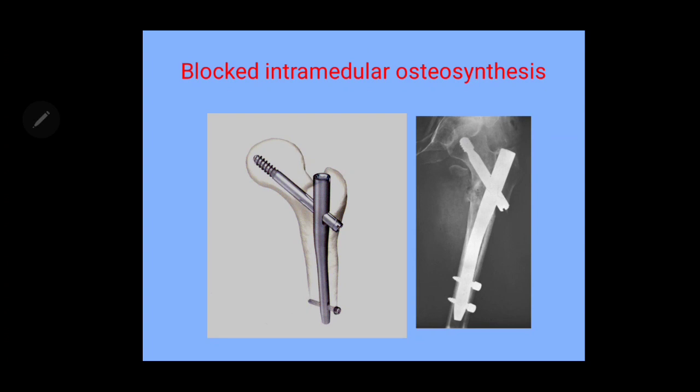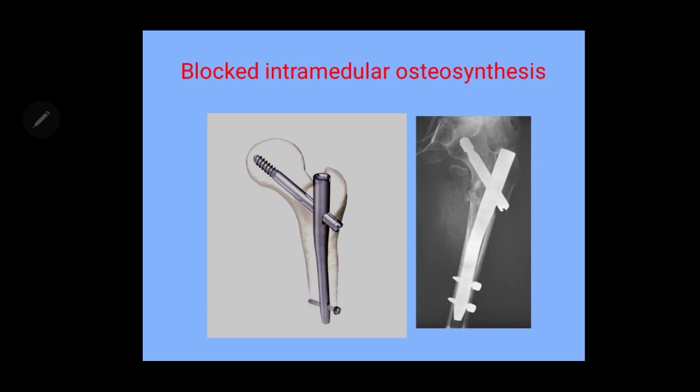We can also have a special nail for the proximal femur. We call it a hammer nail, because the intramedullary nail is fixed in the neck of the femur with a special screw. If you look carefully, it looks like the letter hammer. That's why the name is hammer nail.